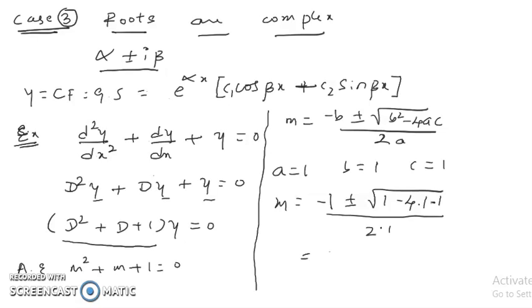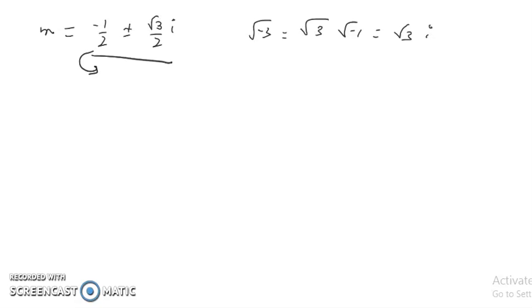If I simplify, I get minus 1 plus or minus square root of minus 3, divided by 2. Simplifying again, m is equal to minus 1 over 2 plus or minus root 3 over 2 i, because minus 3 can be written as 3 into minus 1, and the square root of minus 1 is i. So this is alpha and this is beta.